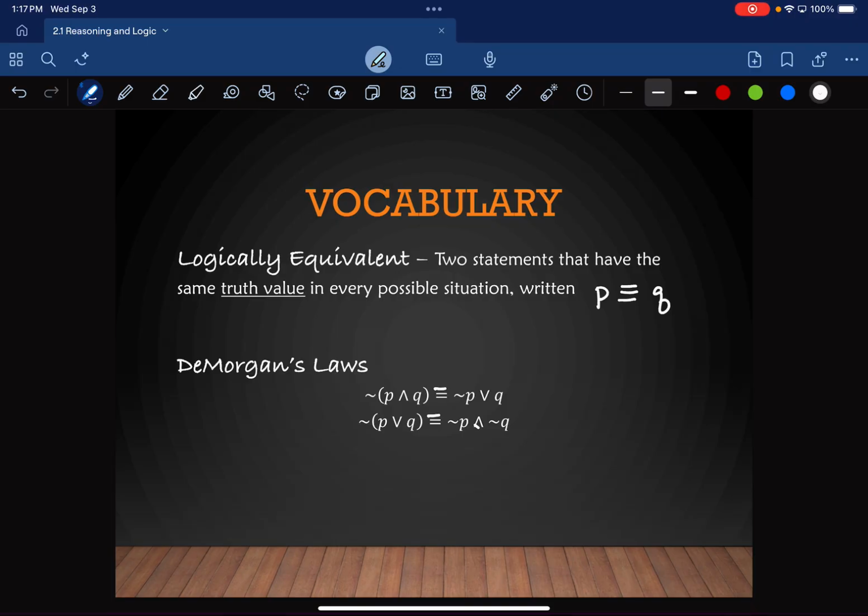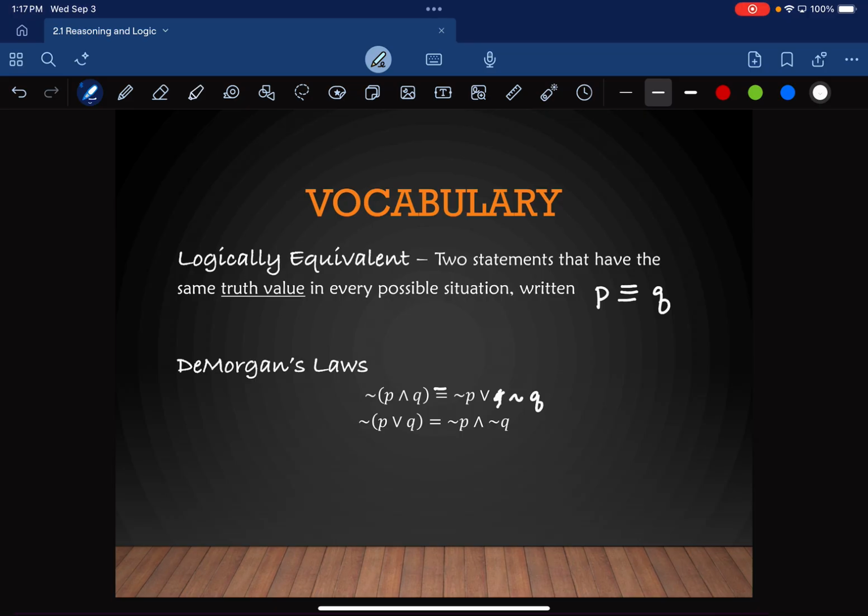It affects P, so it becomes tilde P. There's a typo. It should affect Q, so this should say tilde Q. I'll fix my screen in a second. And it changes the and into an or. So this right here should say tilde Q. Sorry about that. So it affects all three pieces.